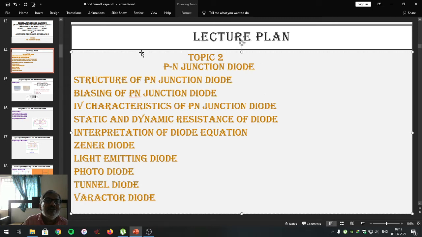Dear students, from the beginning of the structure of PN junction diode up to interpretation of the diode equation, we are studying the simple PN junction diode. That is the basic diode. All these aspects are utilized in the diode that works as a simple PN junction diode, and the rest of the devices, including Zener diode, light emitting diode, photodiode, tunnel diode and varactor diodes, are the special purpose diodes.